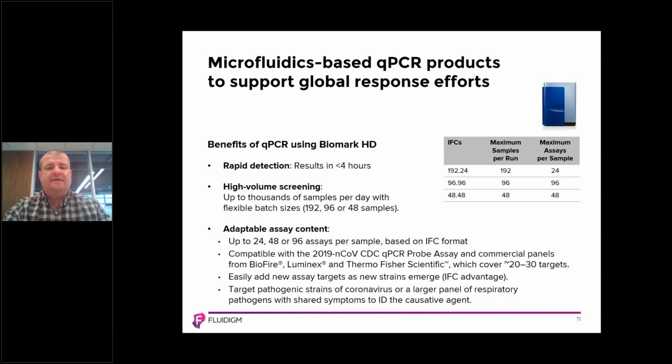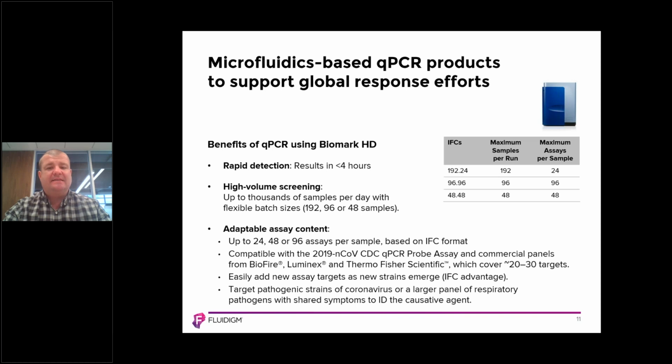The table on the right-hand side of the slide shows the different integrated fluidic circuits and how many samples can be processed and how many assays can be processed per IFC. You can see, for example, the 192.24 IFC can run 192 samples per run across 24 assays, and those 24 assays are assayed in parallel.